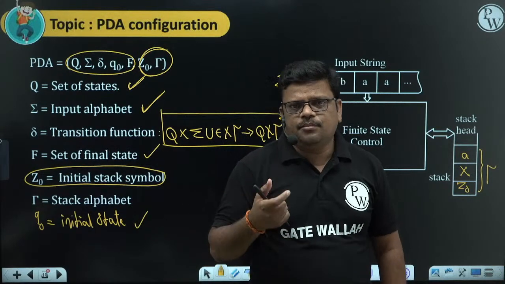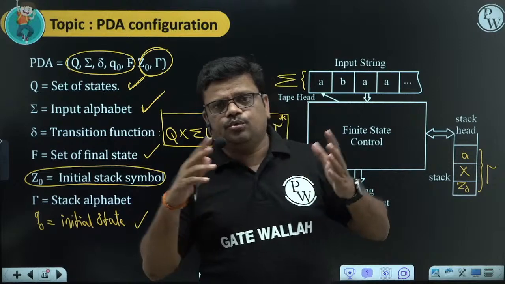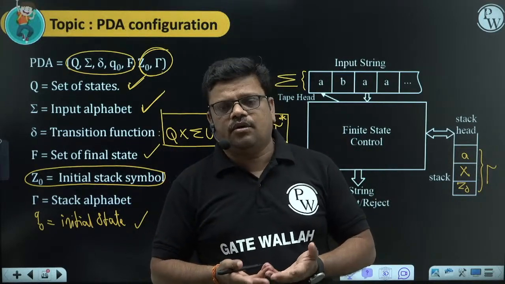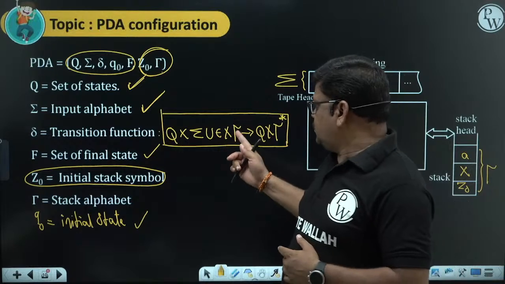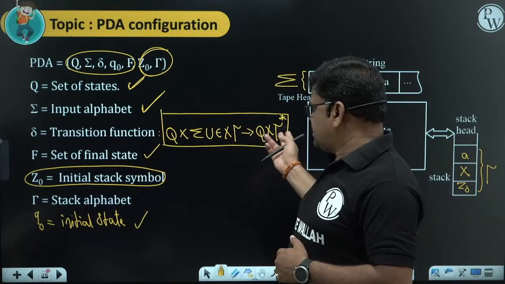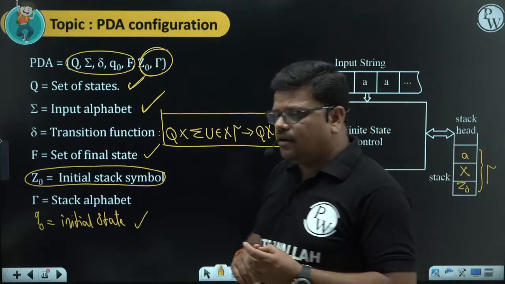So finally the set of symbols allowed into the stack is called tau. All these 7 things together are our formal definition. In this we have a transition function, which looks like this. I'll explain what the transition function means.